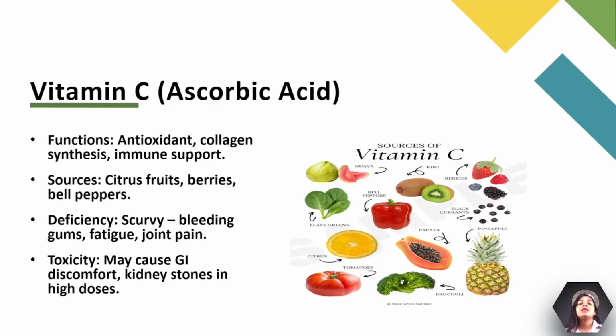Plus it also helps in the absorption of iron. So the sources are mostly citrus fruits, whether it is kiwi, pineapple, tomato, broccoli, amla, and any citrus fruits like mosambi, oranges, etc.